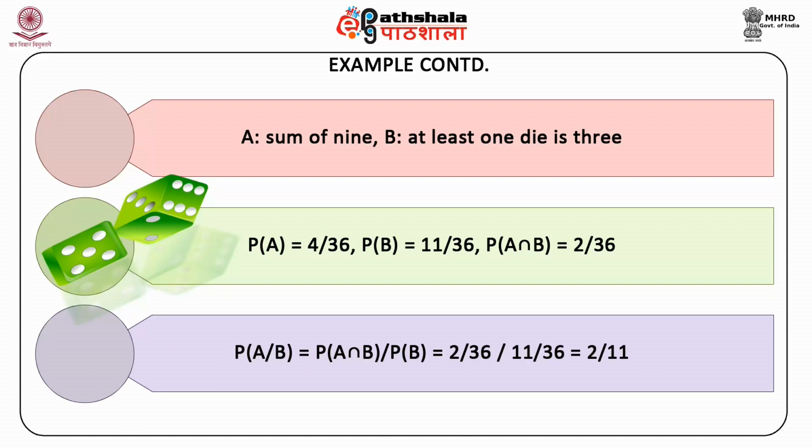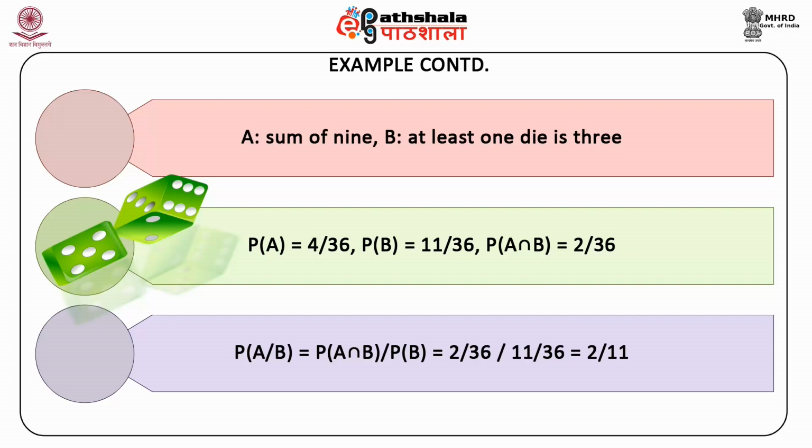Probability of A given B is equal to probability of A intersection B upon probability of B, which is equal to 2 by 36 upon 11 by 36, which is equal to 2 by 11.